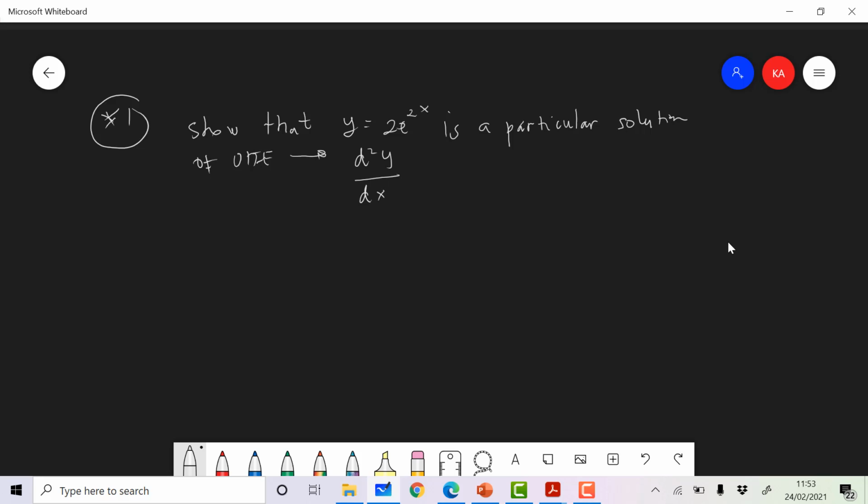Show that y is equal to 2e^(2x) is a particular solution of the second order ODE of this one.